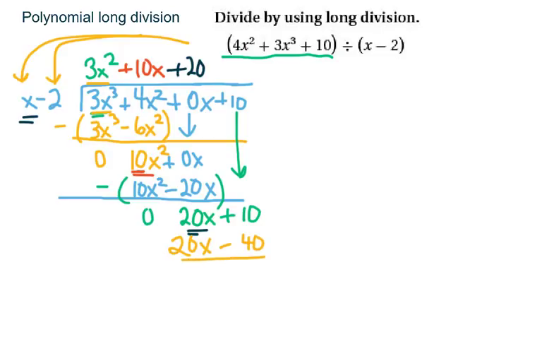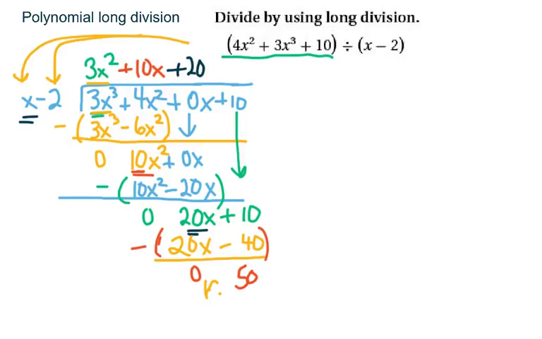I am subtracting: 20x minus 20x is 0. You don't have to write the 0, but I'm writing it just to show you. 10 minus negative 40 is 10 plus 40, which is 50. Now, x does not go into 50, so this is our remainder. We say our remainder is 50.